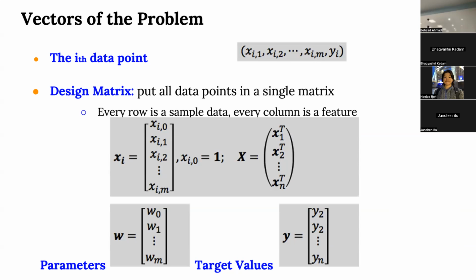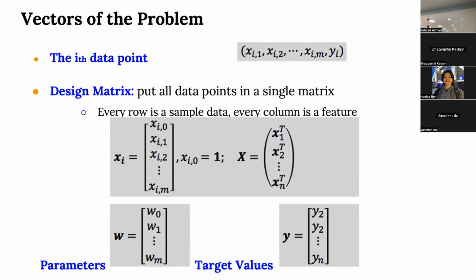So xi is this guy: x1 0, x1 1, all the way to x1 m. What is this? This is your first sample.